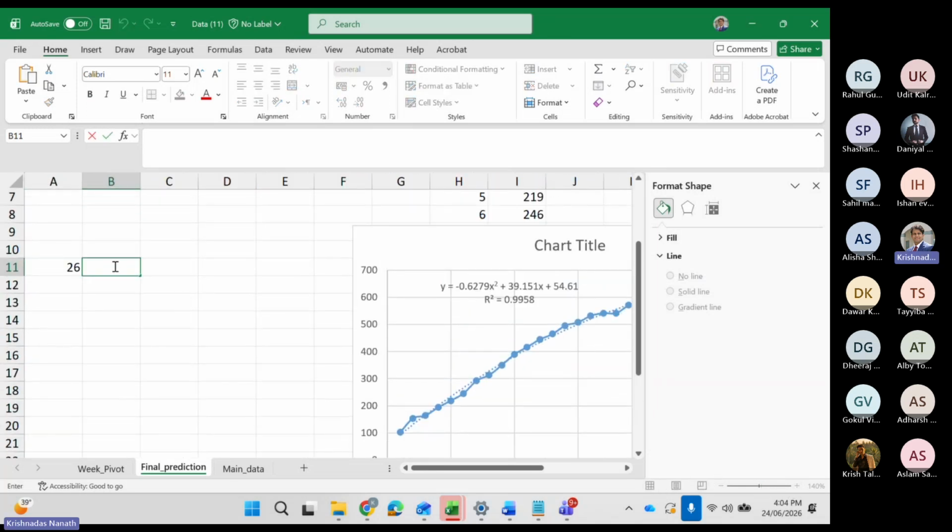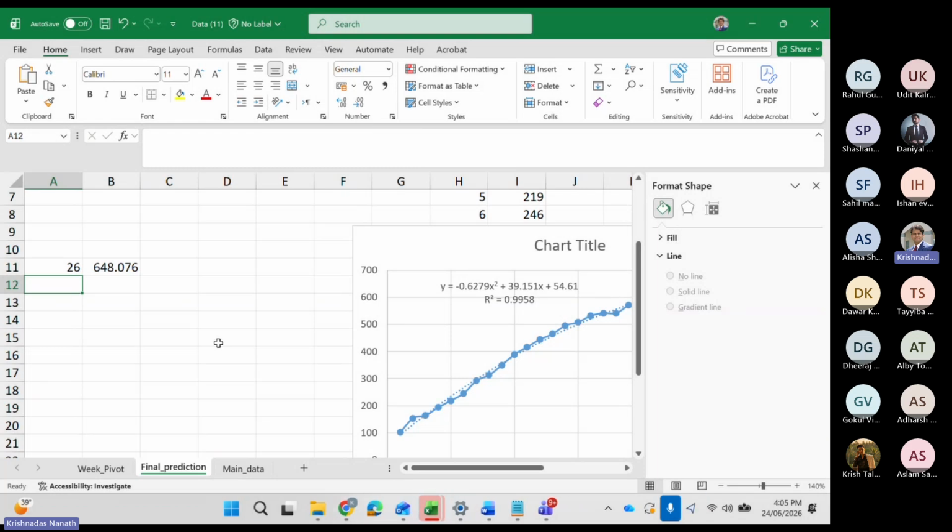Let me type the equation, and let's do all brackets and everything correctly: minus 0.6279 times x square, which means 26 times 26, plus 39.151 times x, which is 26 again, plus 54.61. Everyone, pay attention. I typed in the entire equation. For the value of 26, I got a prediction of 648.